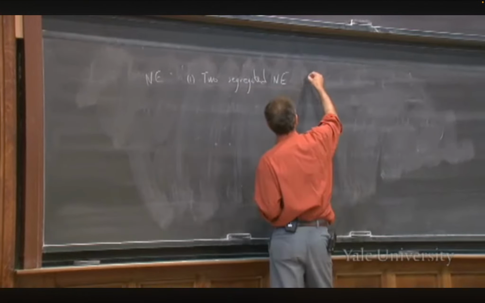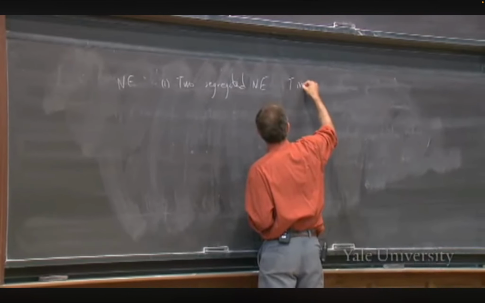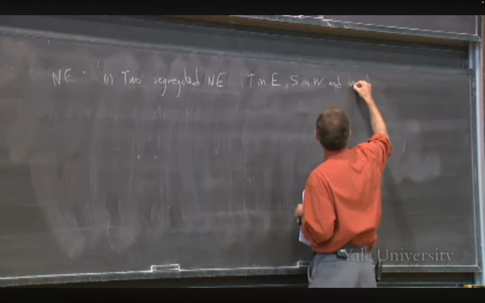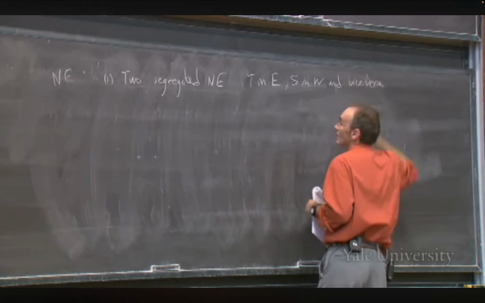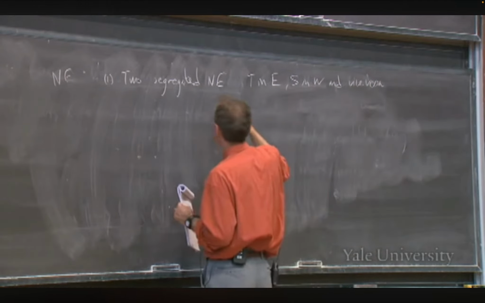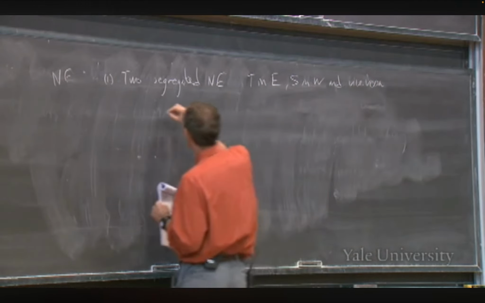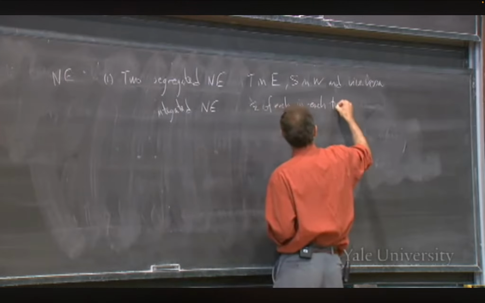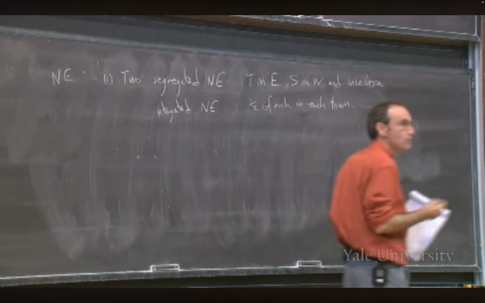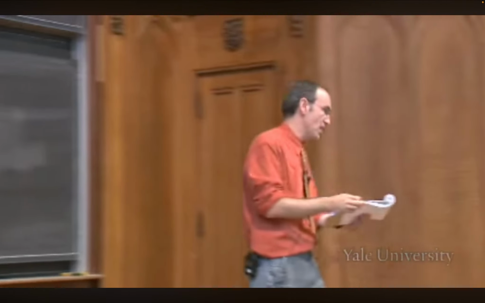These correspond to tall in East and short in West and vice versa. And we had a separate one, which was an integrated one, which was roughly half of each in each town. So there's at least 3 equilibria here, although the 2 segregated ones are kind of the same.